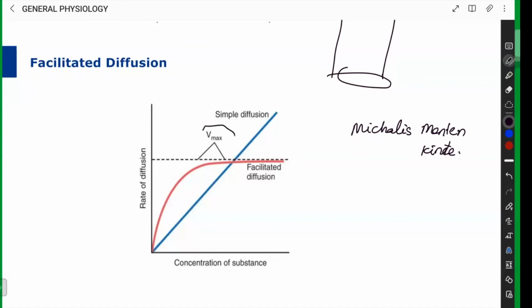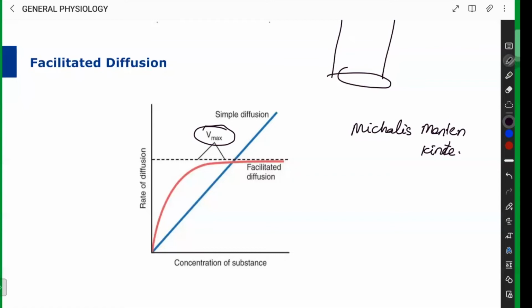There is an increase in the rate of diffusion, that is, the speed of transportation, but at one particular point the velocity becomes gradual. For example, a door can let 7 to 8 people out at a time, so till then your graph will be increasing.